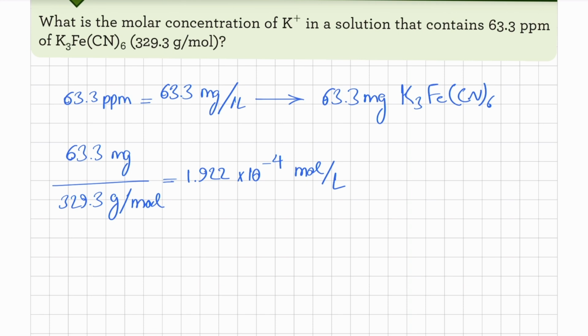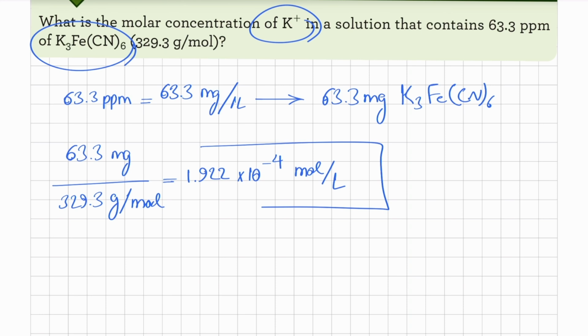Okay, as we take a closer look, we can say that this concentration is for K3Fe(CN)6. But the question says we need to find the concentration of the potassium ion. So really simply, we can say in each mole of K3Fe(CN)6, we have 3 moles of potassium ion.